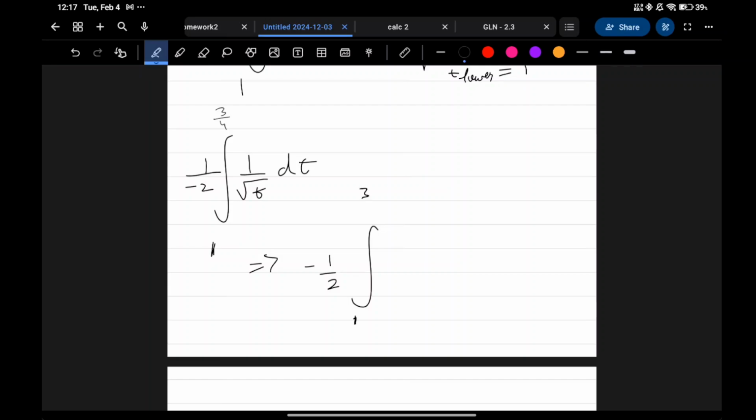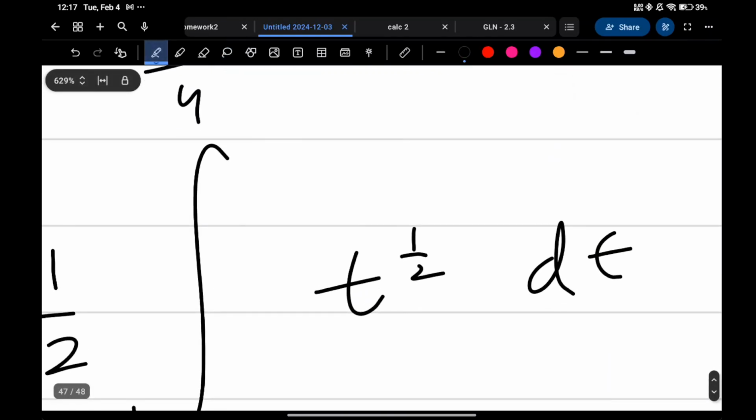Lower bound is 1, upper bound is 3 over 4. And let's write this 1 over t to the power 1 over 2. The square root is just 1 over 2. And now let's bring it to the top. What happens if I bring it to the top? The power remains the same value, but changes its sign by a negative.